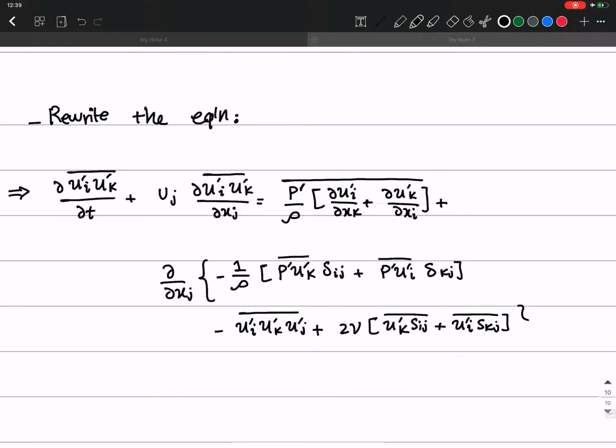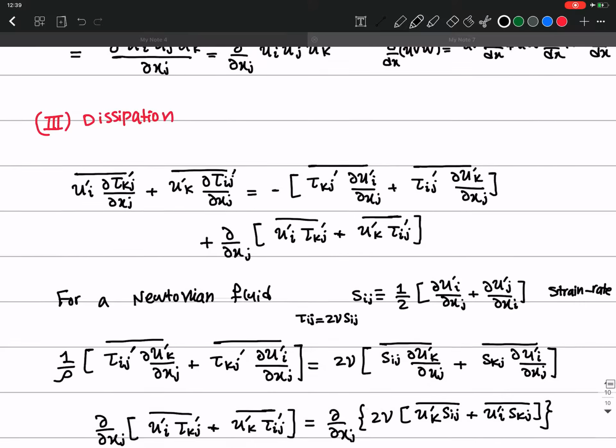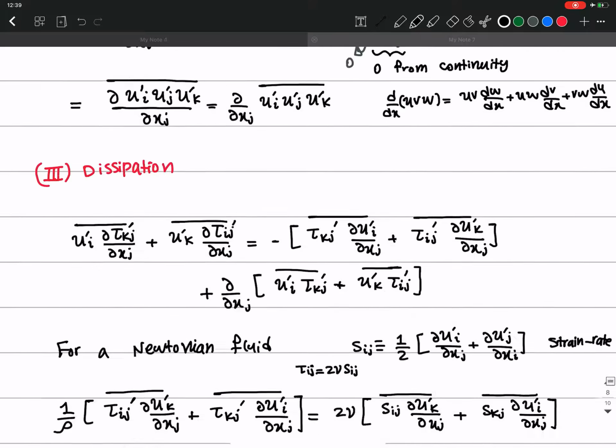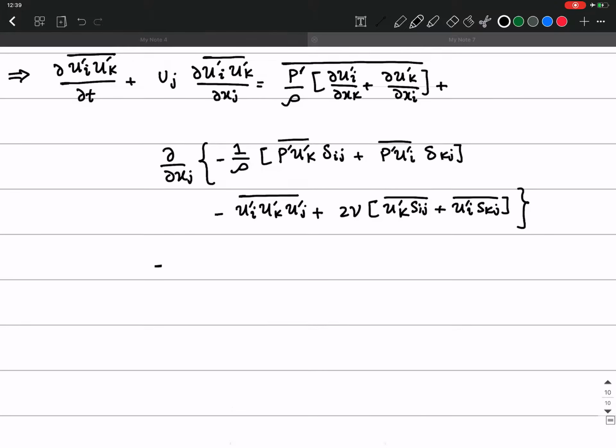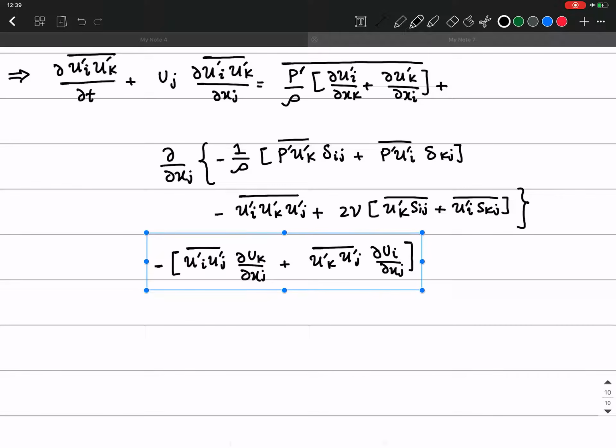So these are all over partial xj. And then we have the terms that we didn't touch, which are these terms here. So this is the fourth term. And I will go through what each of these terms mean.